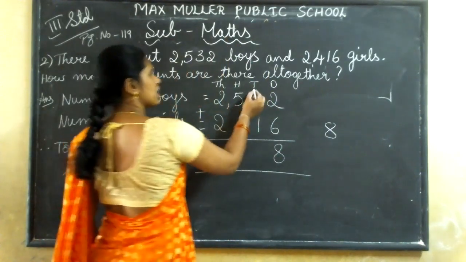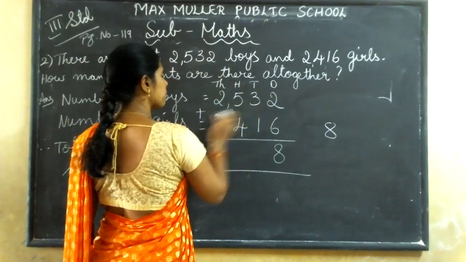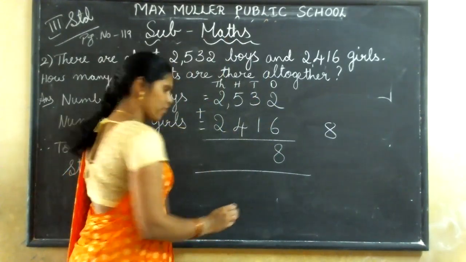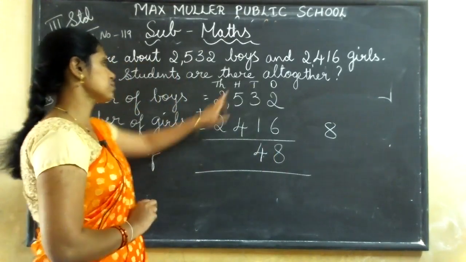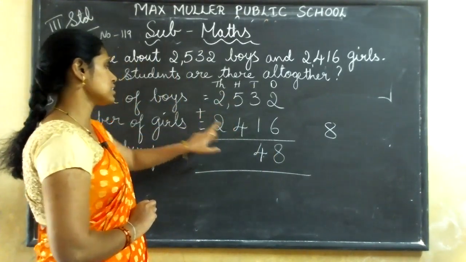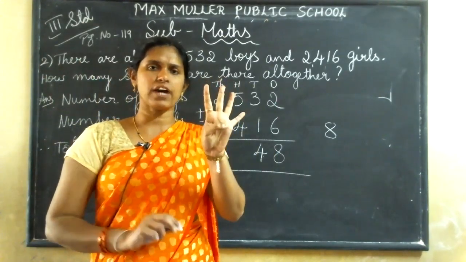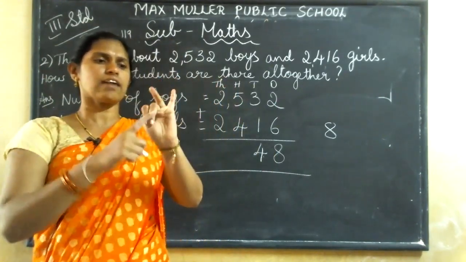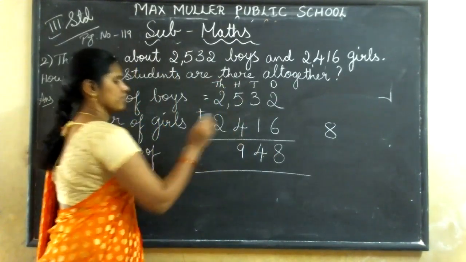In the tens place you see 3 plus 1. 3 plus 1 is how much? 4. Write down answer 4. Next, in the hundreds place, 5 plus 4. 5 in your mind, 4 on your finger. After 5: 6, 7, 8, 9. So write down 9.